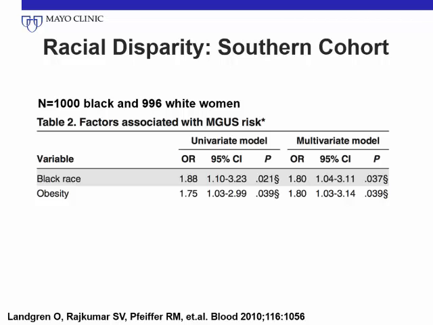They're all poor, they're all coming from the same place, and then we said, okay, we are adjusting for all these other factors. Let's see whether the risk is higher. And you can see black race, twofold higher risk of MGUS in women of the same socioeconomic status compared to white women. In that study, we also found that obesity was a risk factor for MGUS.